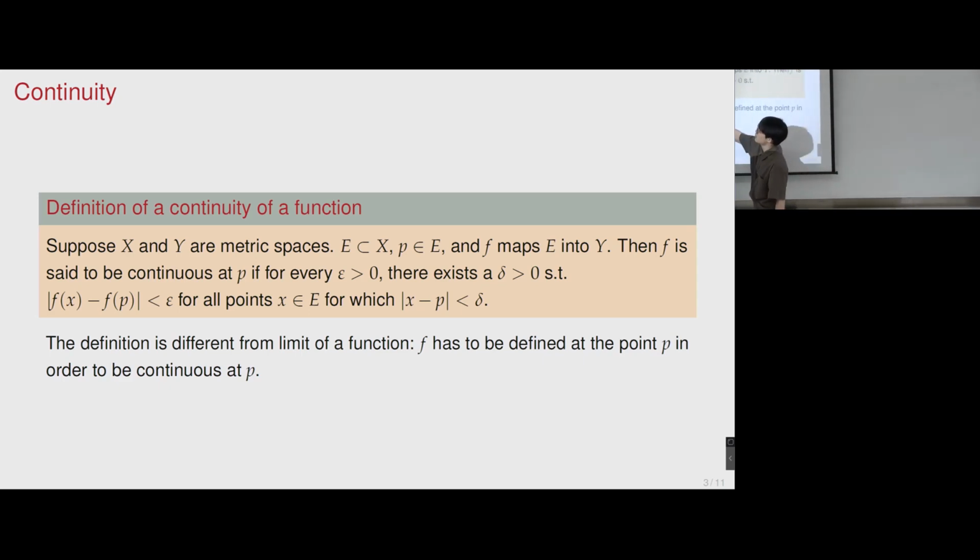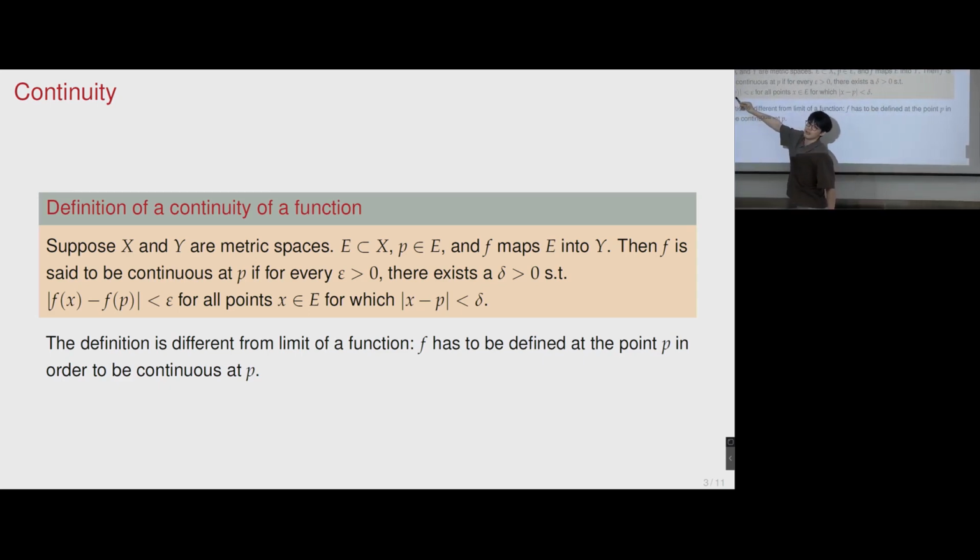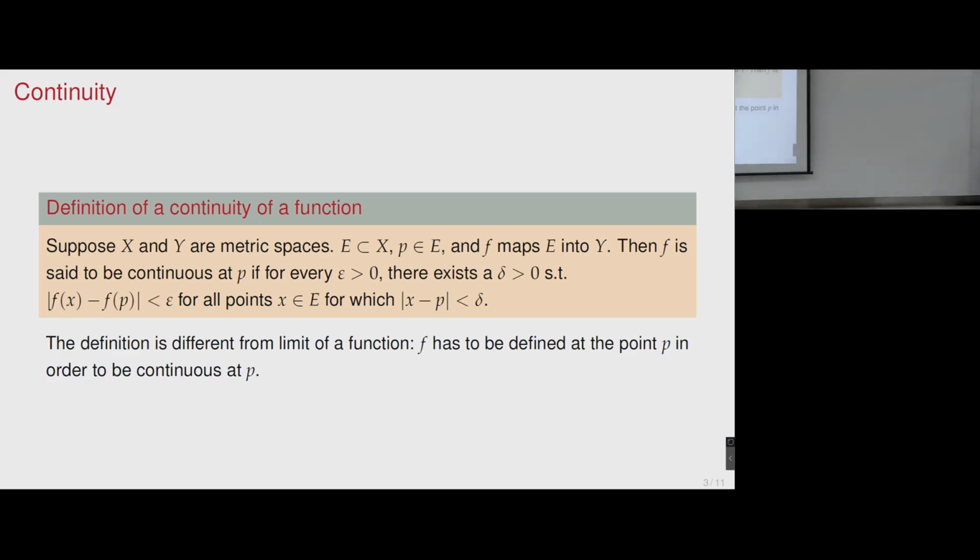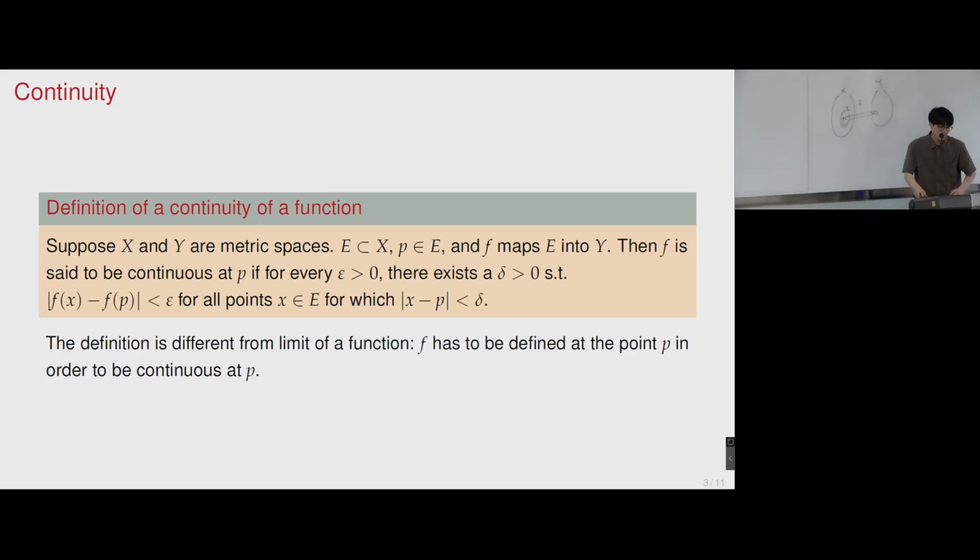We used to write q, but now it's f(p) because we know this function exists, at least in the definition of continuity. So f has to be defined at the point p in order to say something is continuous at p, which is very intuitive. We wouldn't want a case where the limit exists but the point is not defined, and still say it's continuous, right? There's a hole. The continuity definition makes sure this point is defined.